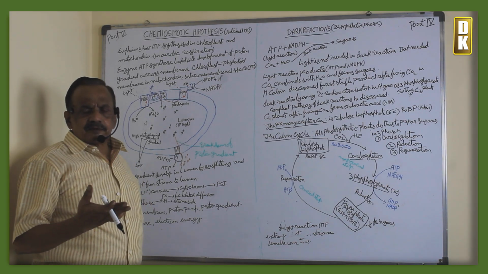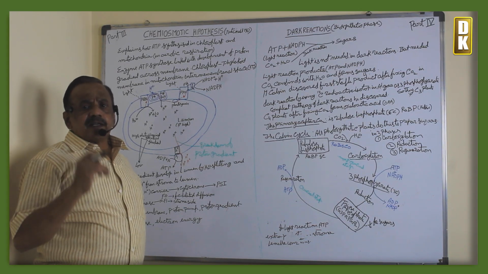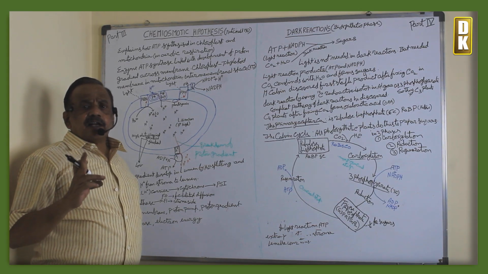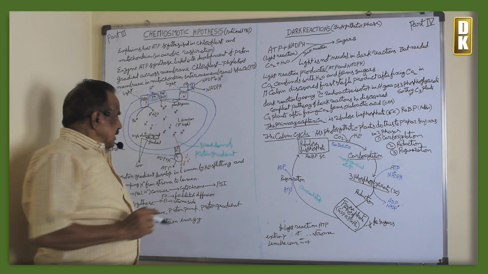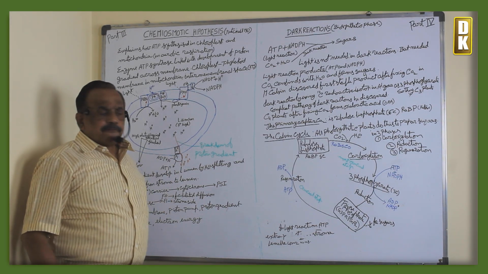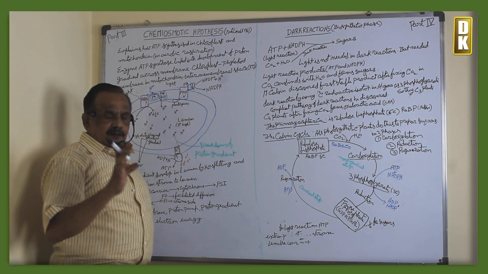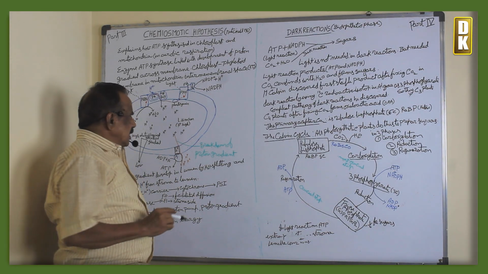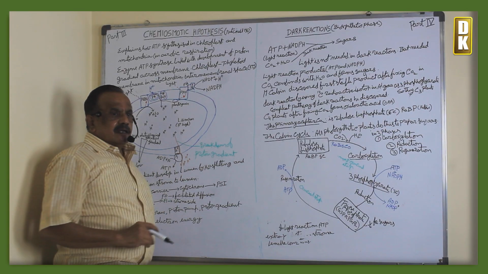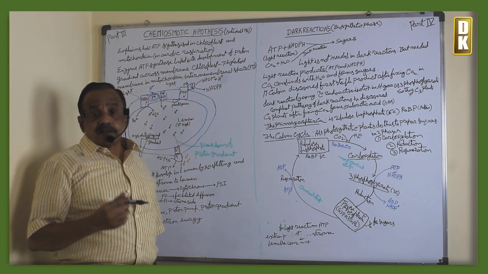What is this now? What I tell you? ATPase enzyme is a protein. This protein will have two parts, that is F0 and F1. F0 particle is embedded inside the membrane, as given in the book also, and forms a channel. It is called facilitated diffusion. What is this facilitated diffusion?